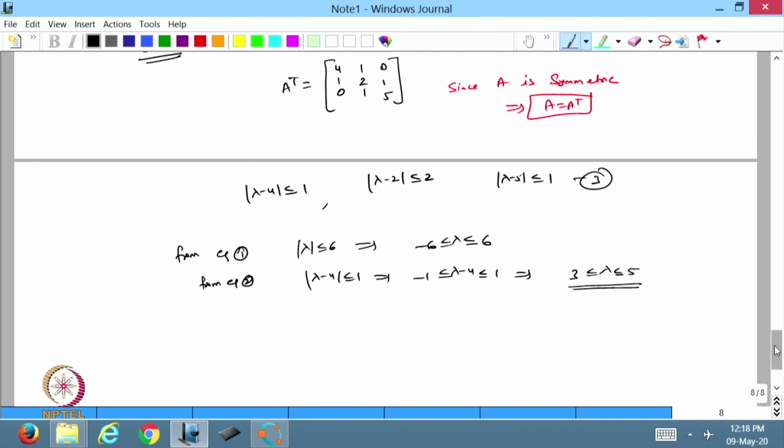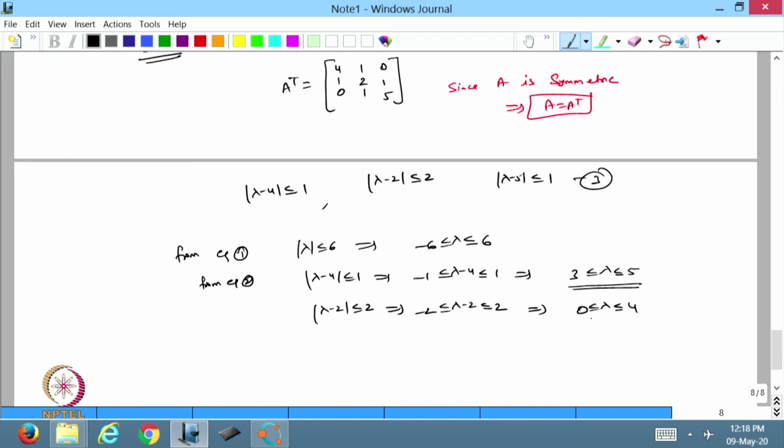Next, lambda minus 2 is less than or equal to 2. So, that gives me lambda minus 2 lying from minus 2 to 2, and if I add 2, lambda is from 0 up to 4.